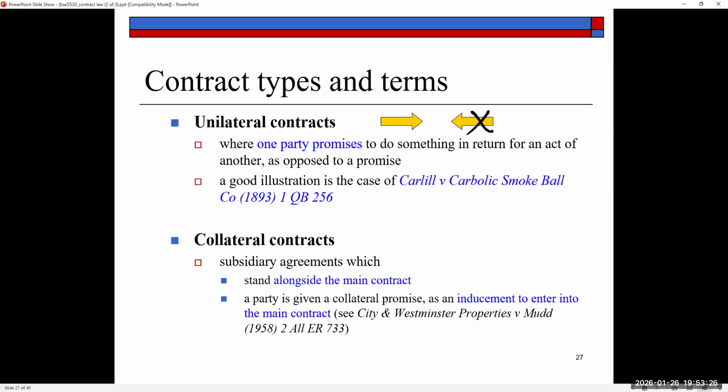But alongside, there's another contract, which could be much smaller in sum, 10,000 only maybe, okay? To induce the other contract party to enter into the main contract, as illustrated in the City and Westminster Properties case.